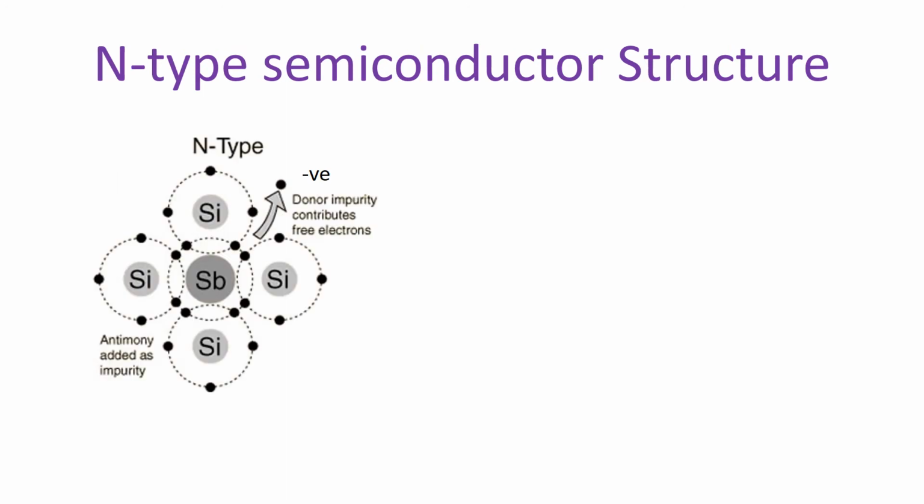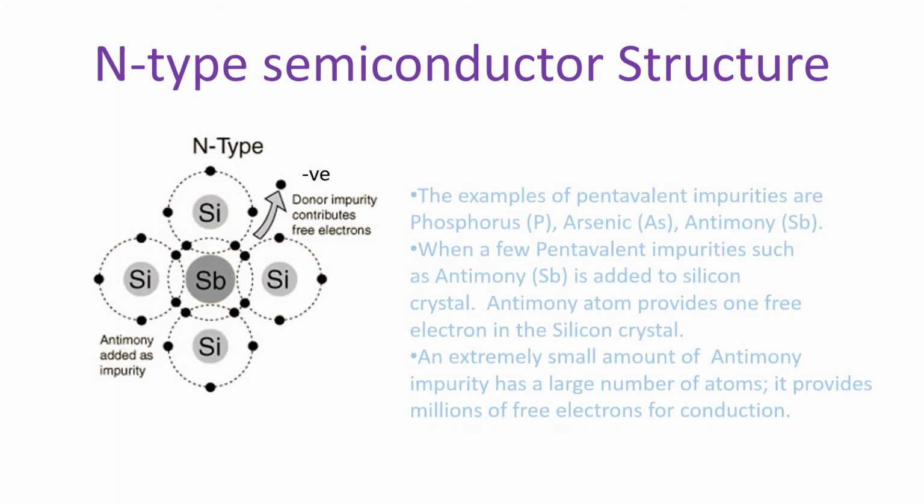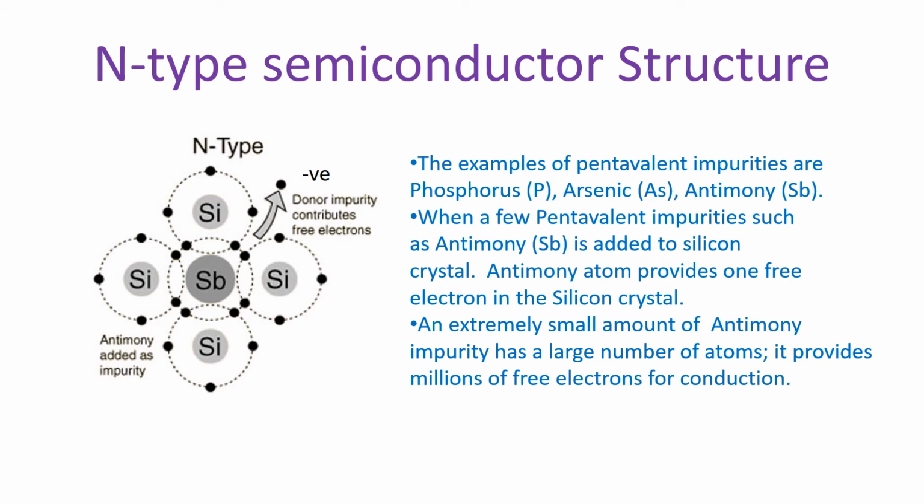So this is the structure of n-type semiconductor. This is just like a p-type semiconductor because all semiconductors have a crystalline structure, but the impurity which is added, its property is different. Now pentavalent impurities are added into pure silicon or germanium. Here the structure shows that antimony is added into the pure silicon material.